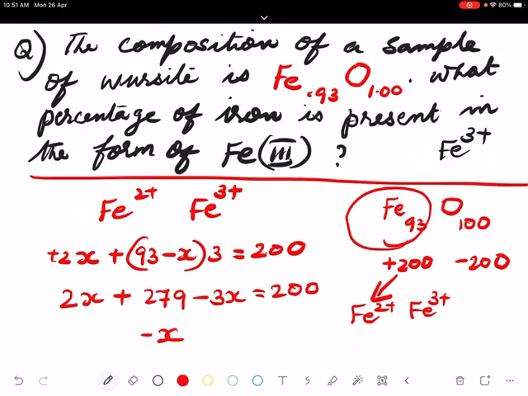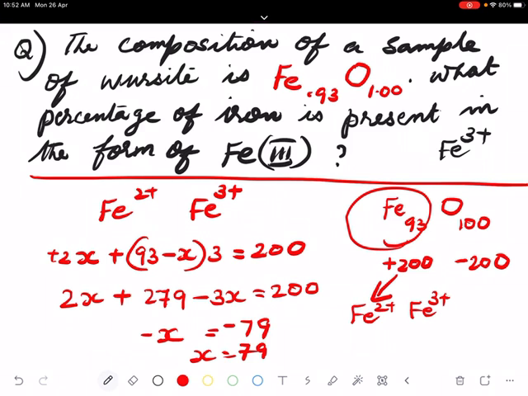So minus x is equal to, 200 minus 279, that is minus 79. X is equal to 79.